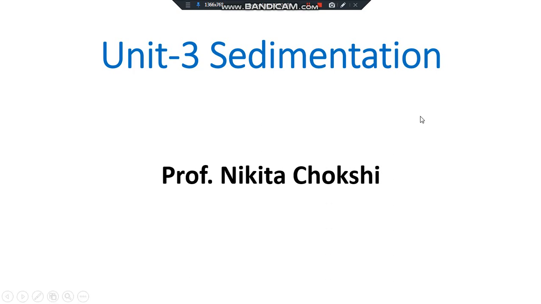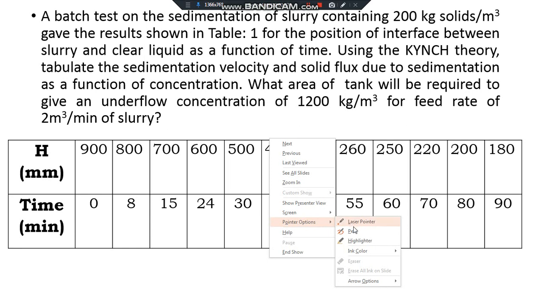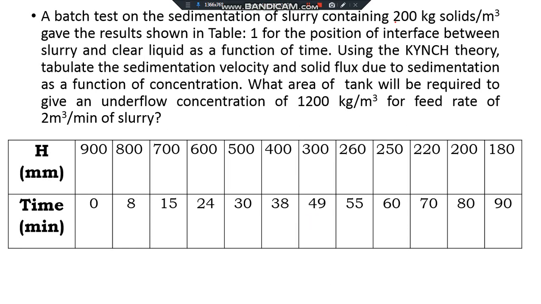Now, the sum given to us: this is the data which is given to you. For the slurry containing 200 kg solids per meter cube, so this is my C0 that is given to me. The data for the height and the time is given to us.